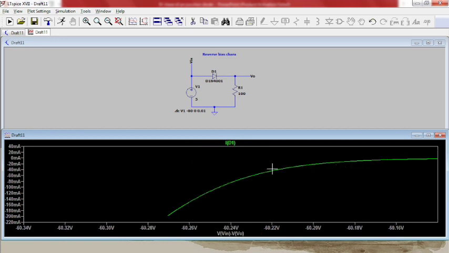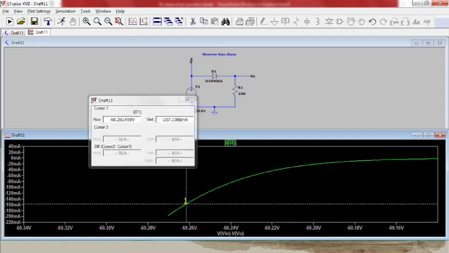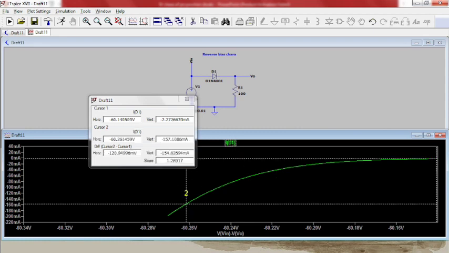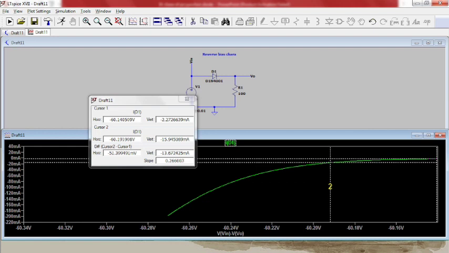For that, we need to take two points, ID1 here, and one more, just to find the slope and then its inverse.